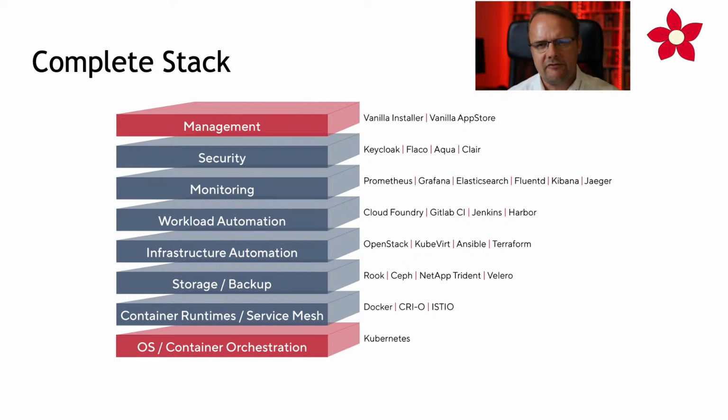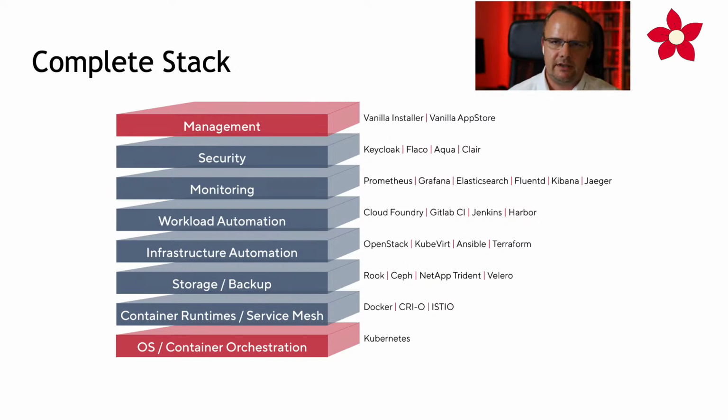If you have that platform up and running, you obviously want to operate it properly. That is why VanillaStack allows you to roll out Prometheus and Grafana already in a pre-configured way. So you just roll it out and it works.